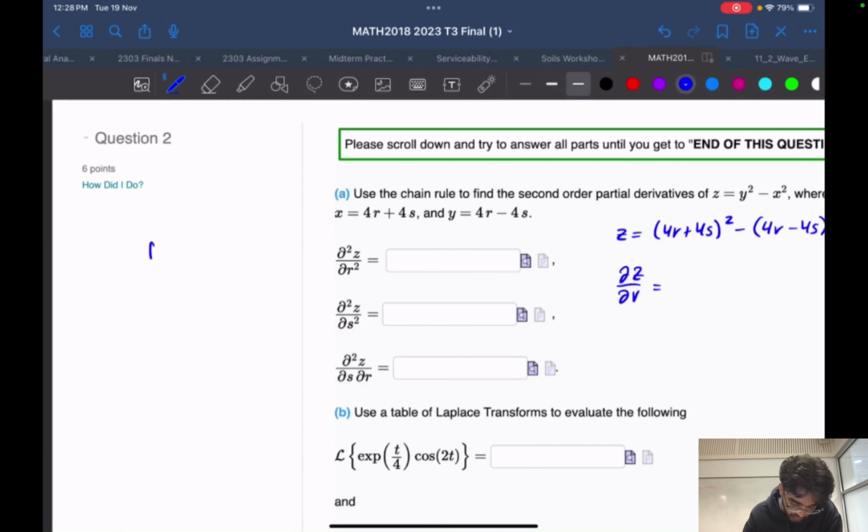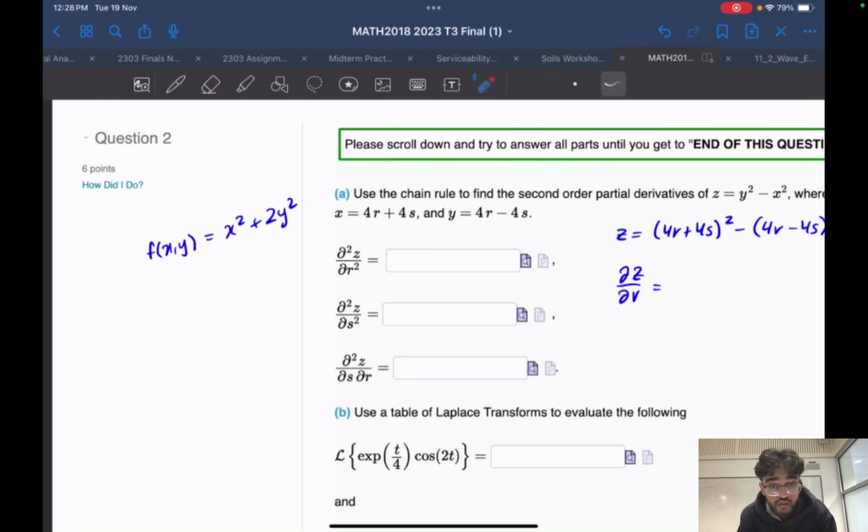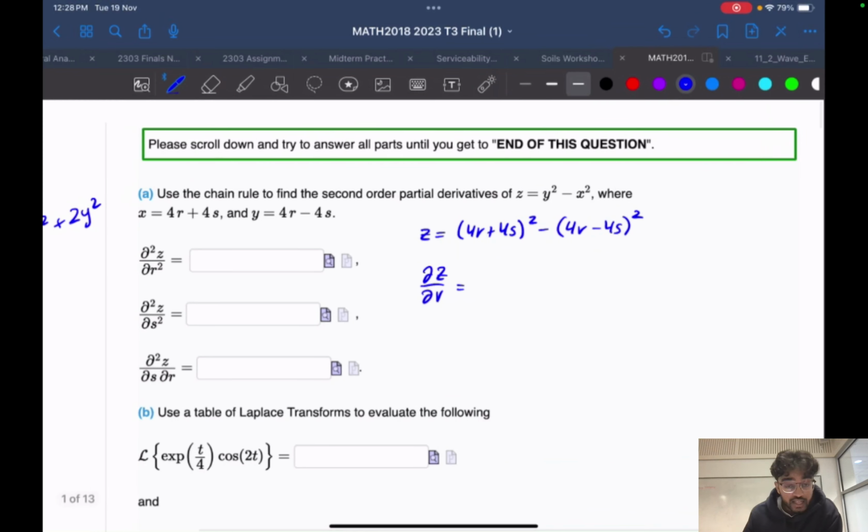So let's say f of x y is equal to x squared plus 2y squared. This is a function of two variables, so you can partially differentiate it with respect to one variable. For example, if you're differentiating with respect to x, you can treat the y term like a constant.